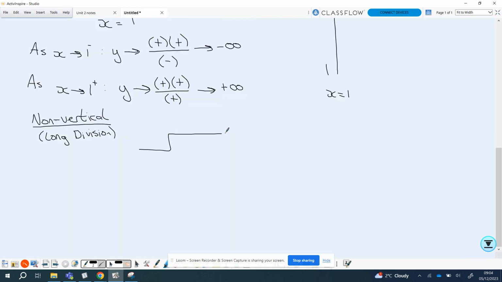So we're dividing by x minus 1, and the function was 2x squared plus x minus 1. So we're putting this in here. The first thing I want to do is multiply by 2x, that will cancel the 2x squared.